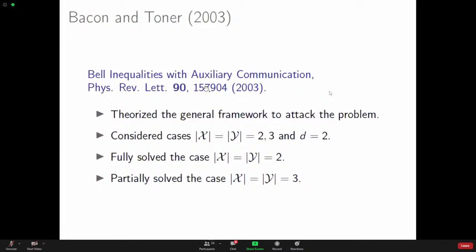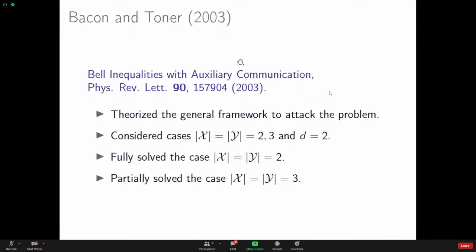Again, Toner and Bacon came up with the idea of Bell inequalities with auxiliary communication. They theorized that if one allows some C-bit communication from Alice to Bob, then one can derive a new kind of Bell inequality.